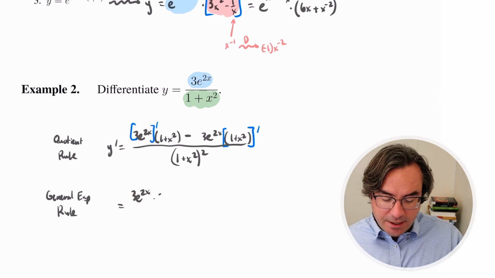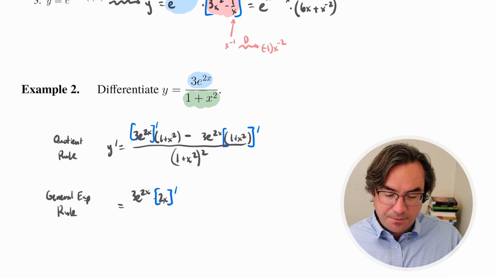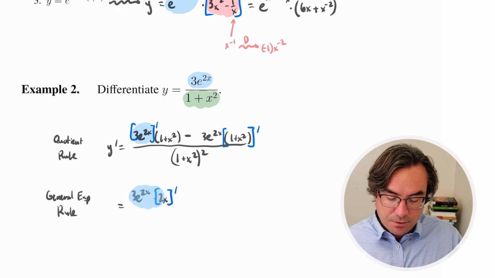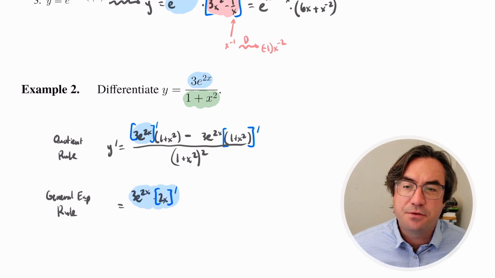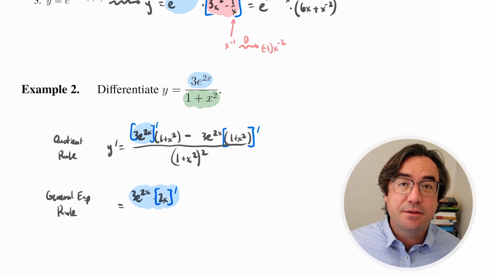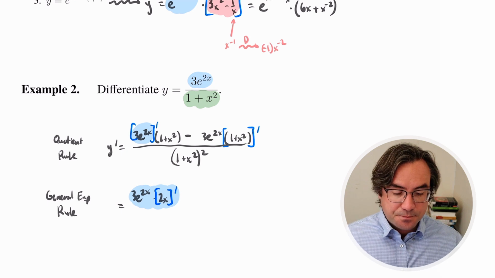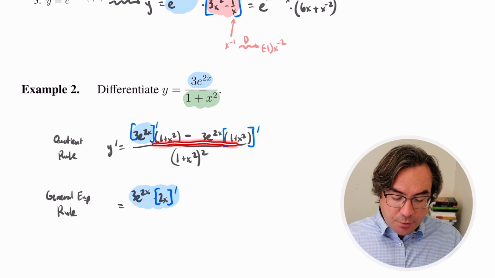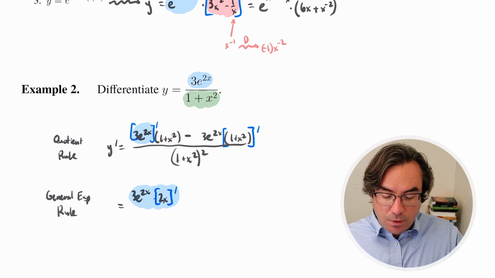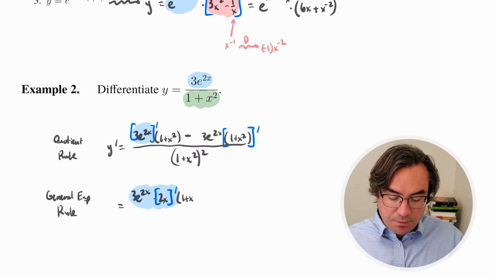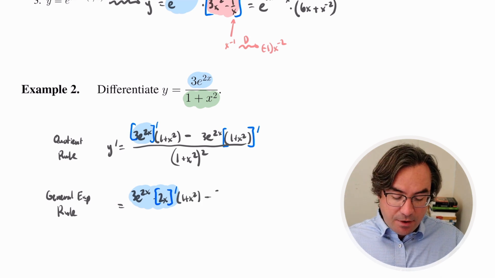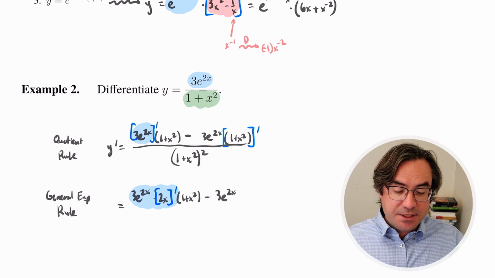And then we take our exponent, the 2x, and we multiply by its derivative. So this is us doing the derivative of that 3e to the 2x. So we're using our general exponential rule. And then from there, everything else, though, is pretty standard. So we have our 1 plus x squared, in parentheses. Then we have our minus 3e to the 2x.